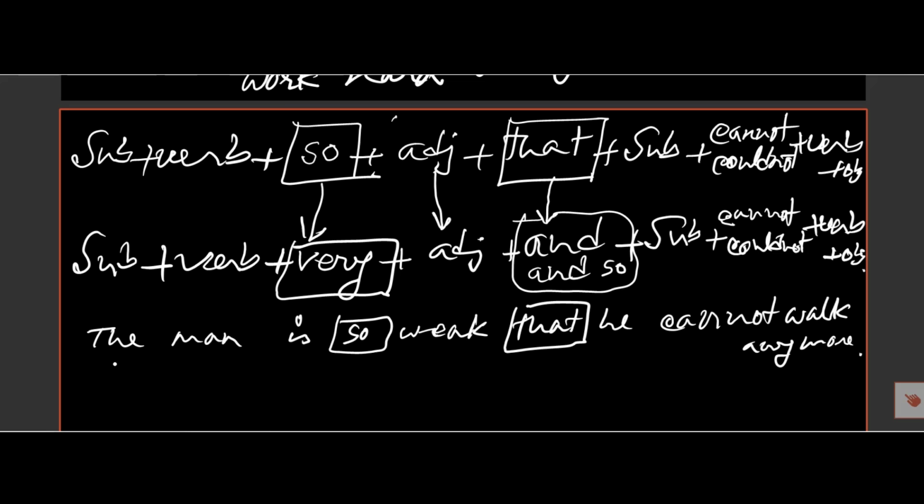So it can be transformed into compound following the structure. Instead of "so" we must put "very", and instead of "that" we must put "and". So: the man is very weak, and cannot walk anymore. If we write "and", then the subject will be removed, but if we write "and so", then the subject will be here.